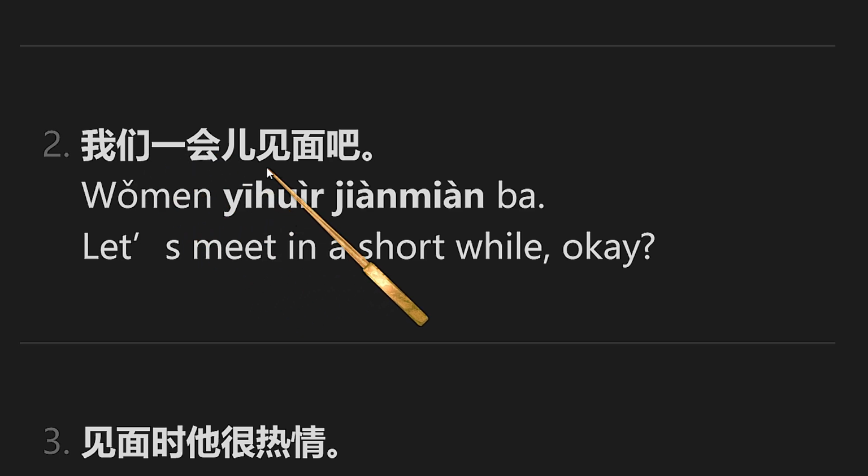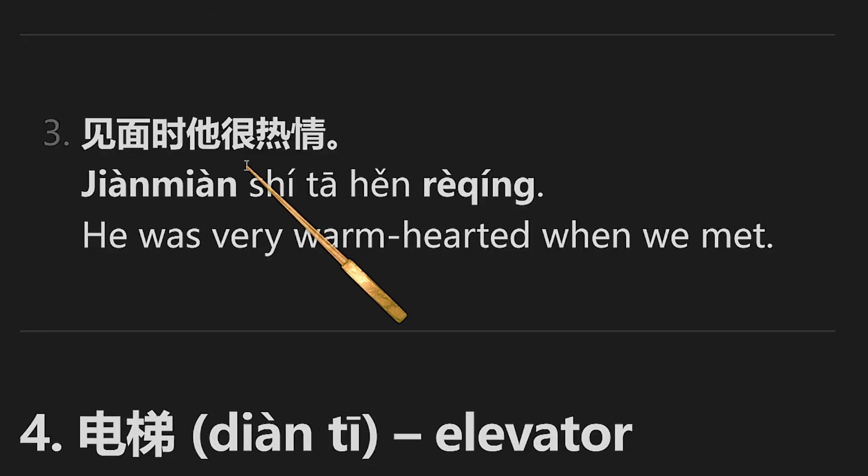So 我们一会儿见面吧. You can write 一会, but we need to read it 一会儿, with the erhua r ending. 我们一会儿见面吧.